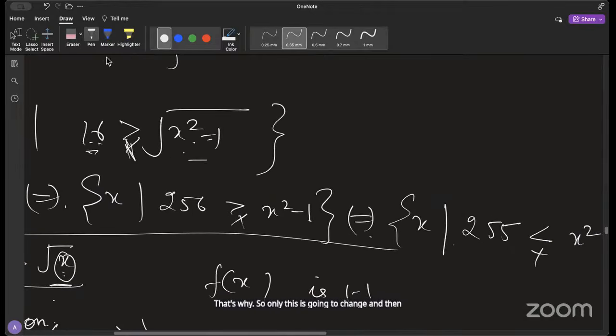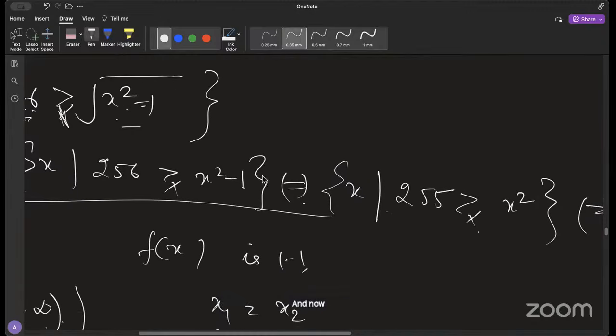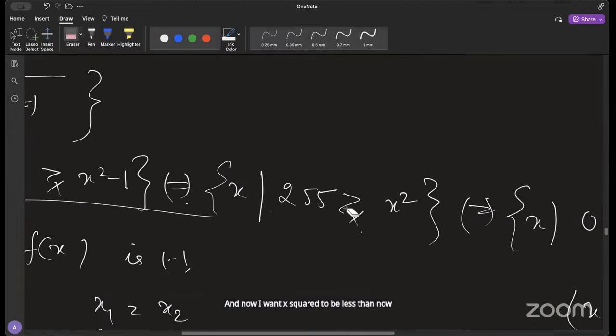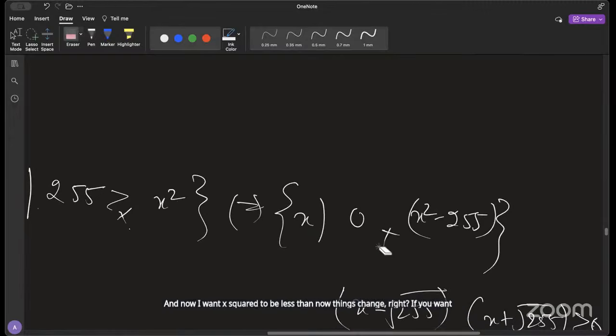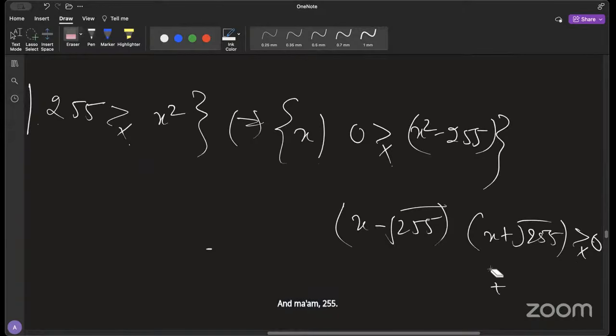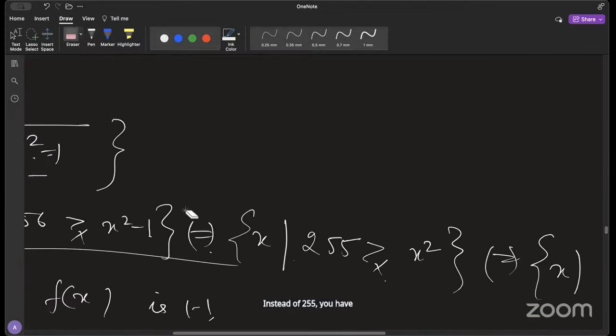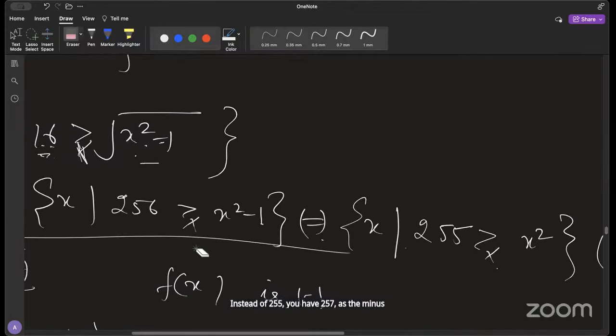And then here you will have x square 256 minus 1. So you will change this to... And now I want x square to be less than, now things change, right? And ma'am, instead of 255, you have 257, as the minus 1 will get added up. Okay.